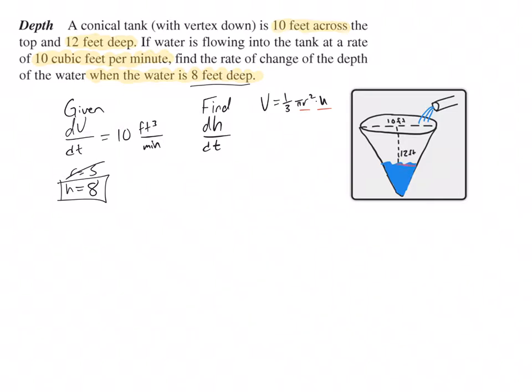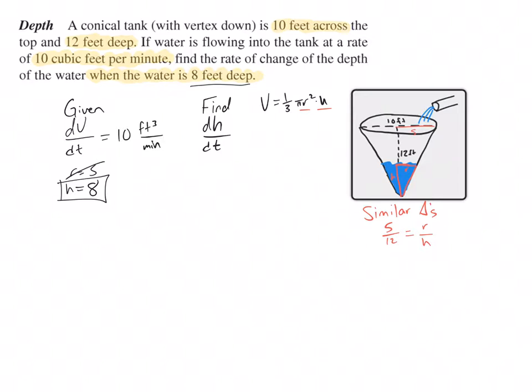So if I look here, I have a little triangle embedded in this bigger triangle, where this is my given r and this is my h. So I can use similar triangles to make this relationship. So we know for the big triangle we have 5 over 12, because for the big triangle our radius is 5, and that's going to be equal to r over h.